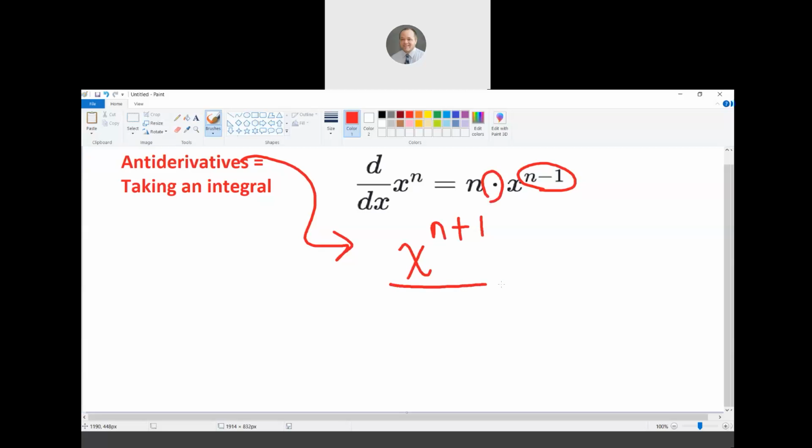So we'll divide our antiderivative by our new exponent, n plus 1. Now, to take into account any possible constant we may have, for an indefinite integral or antiderivative, you always put a plus c to represent any possible constant.